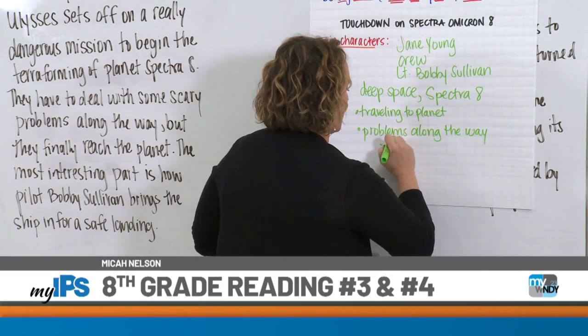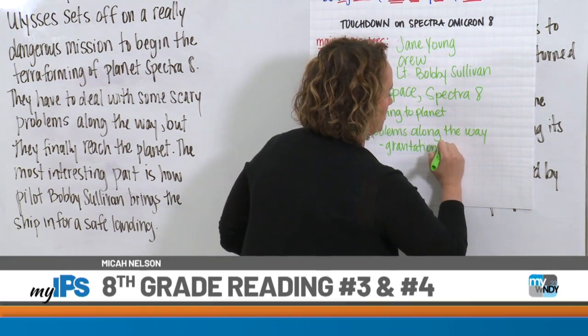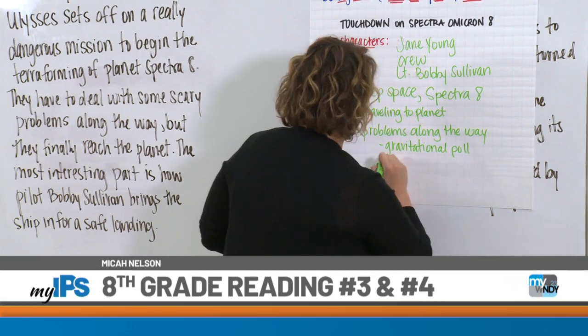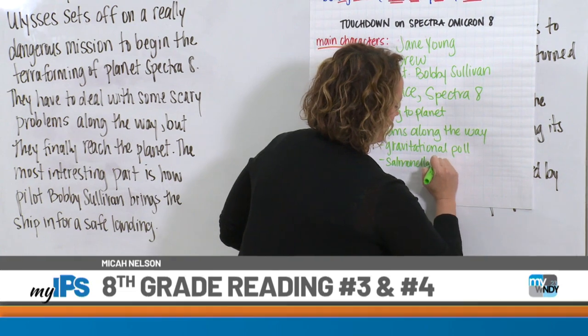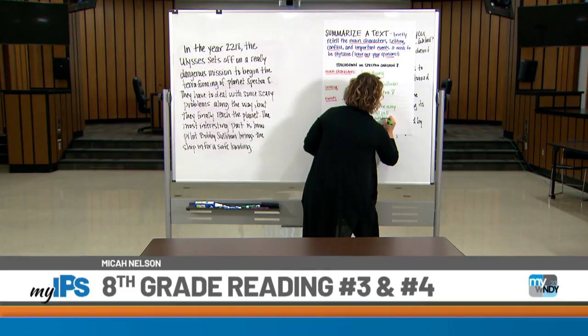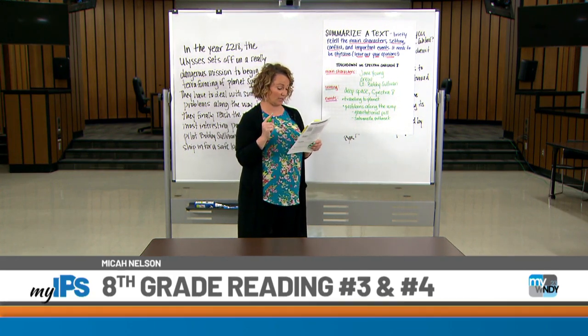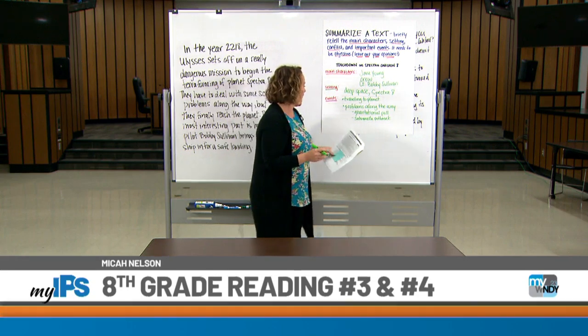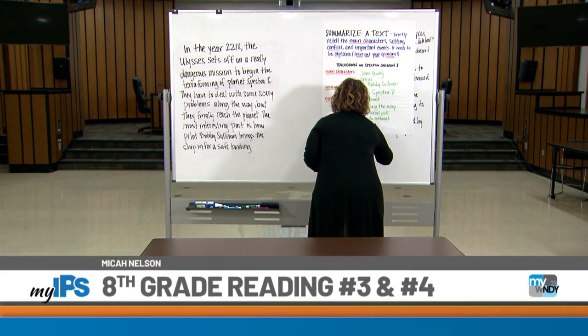So they dealt with the gravitational pull of a black hole and a salmonella outbreak. Salmonella is a nasty bacteria that gets in your food. If you eat it, you'll get sick. So that's a really big problem on that ship. And then, in the end, they have a safe landing.